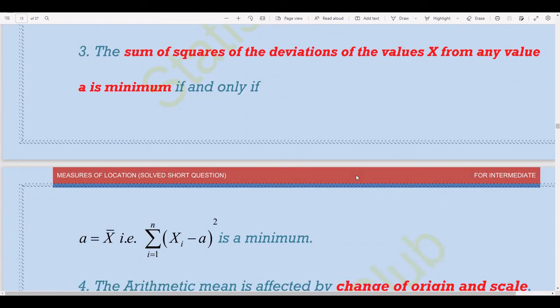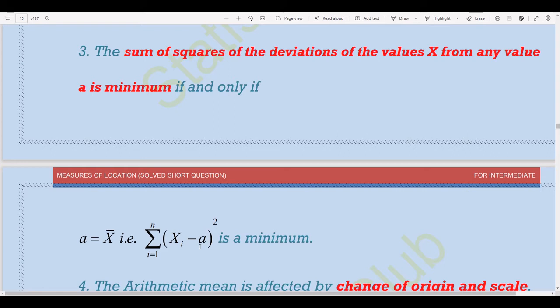Number 3. The sum of squares of deviations of values x from any value a is minimum if and only if a is equal to x bar. For example, you have 2 and 3 as assumed means. One is your actual mean and the next is an assumed mean; you can take a middle value. Which value is minimum?